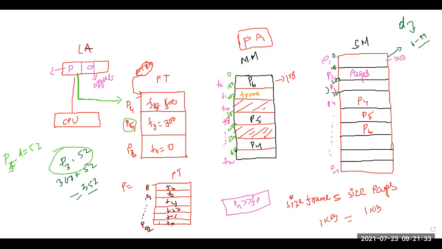Now I will have here the frame number. Now how is this frame number replaced? For the particular offset address, the frame number is replaced here, or basically the base address of the frame number. Because I know that this particular page 5, आपका जो ये page 5 है, वो कहाँ पर store है? Frame number 3 में.